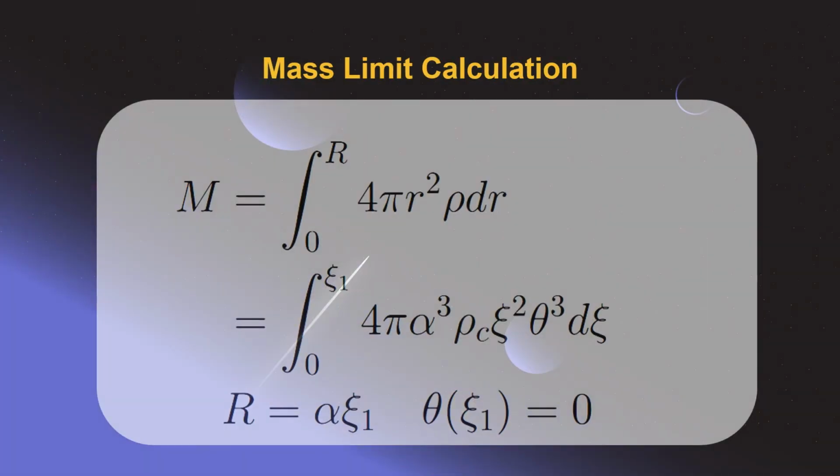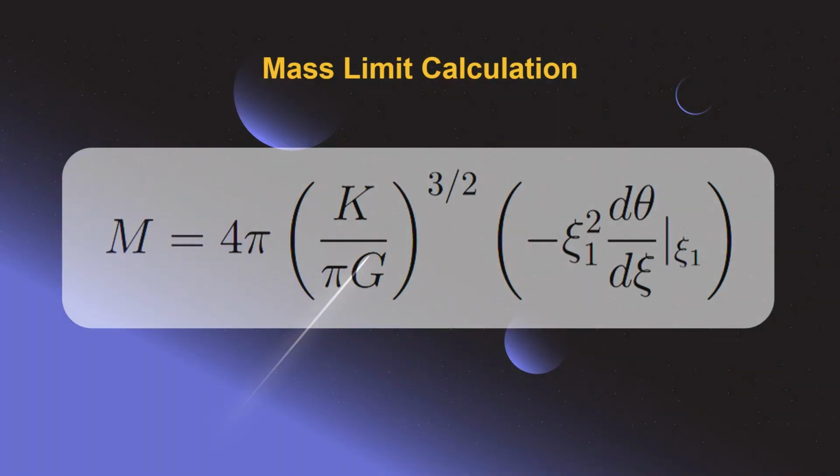Now I calculate the mass limit, which is equal to the integral from 0 to xi_1 of 4 pi alpha cubed rho_c xi squared theta cubed d xi, where the total radius is capital R, which is equal to alpha xi_1, and the condition that theta of xi_1 is 0.